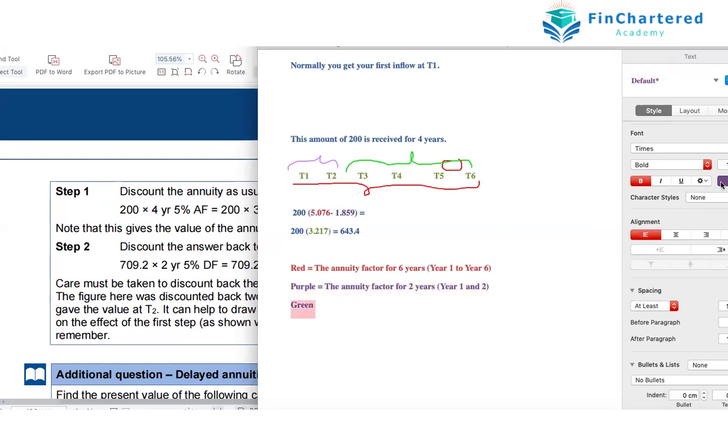Green is the annuity factor from year 3 to 6, 3, 4, 5, 6, which is basically the difference between red and purple.